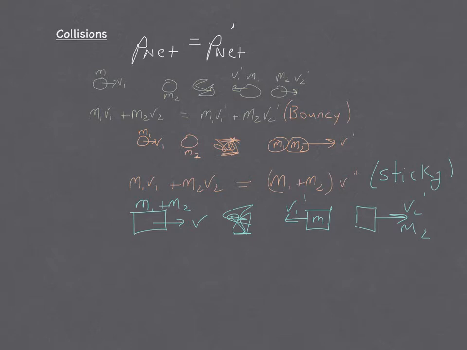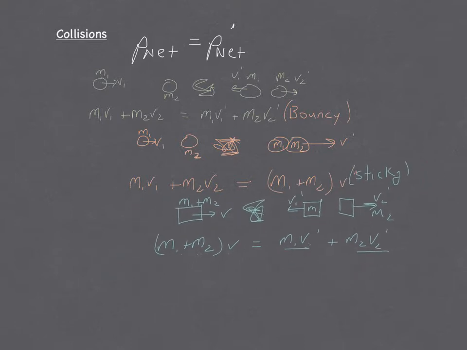But the same deal: add up all the momentum before the explosion, so the total mass is moving at some speed or not moving at all, and then the sum of the momentums afterwards. Now, if this object was at rest at first, that means the two momentums on the right-hand side would have to be equal. This would equal that in that type of stationary explosion. And again, we called that the exploding scenario.